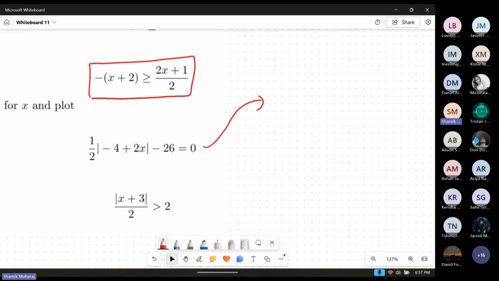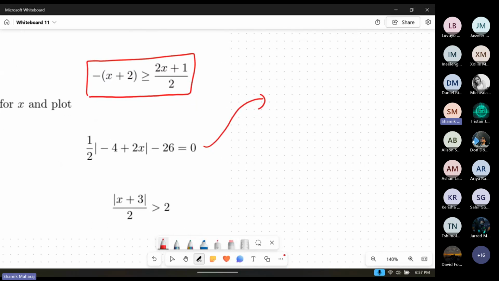For absolute values, we will need to isolate the absolute value alone on one side, as always. So I'll rewrite this. First term I'll leave alone. I don't interfere with it. The 26 I'll move to that side. Now the absolute value part stays the same. We can multiply both sides by 2 to get rid of the half in front.